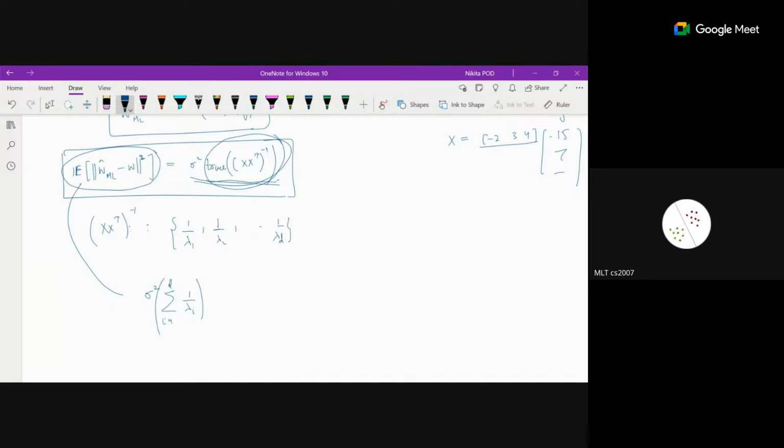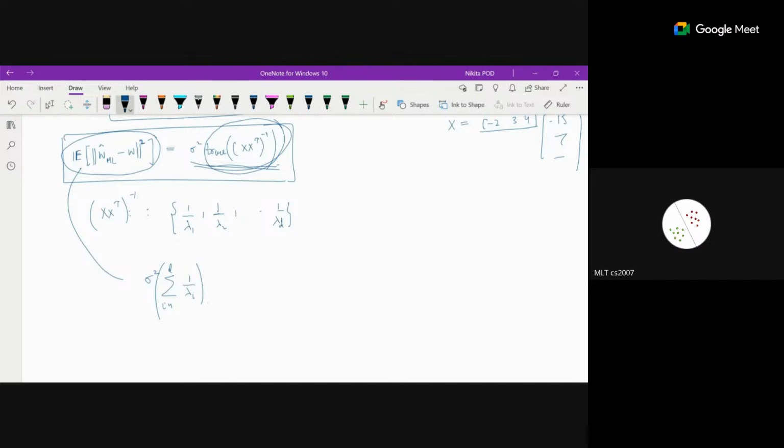And what we also observed is, if we introduce another estimator, let's say W hat R, which is basically the ridge estimator, then W hat R is XX transpose plus lambda I, inverse, times XY.